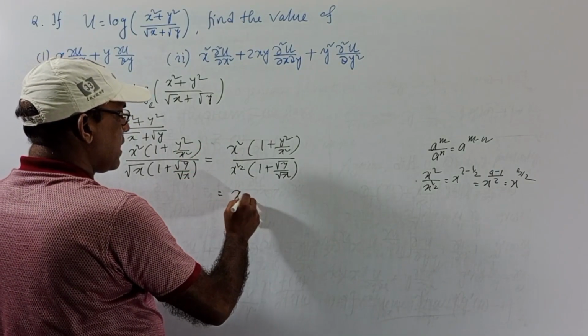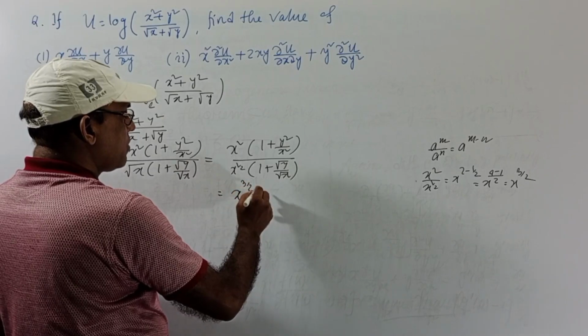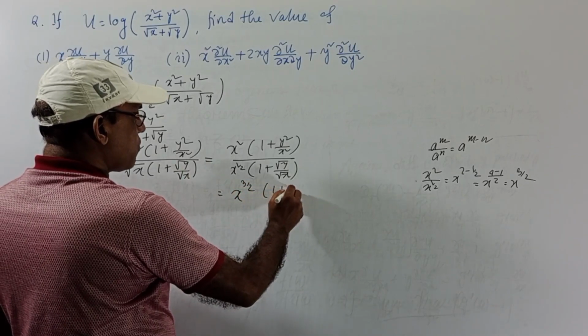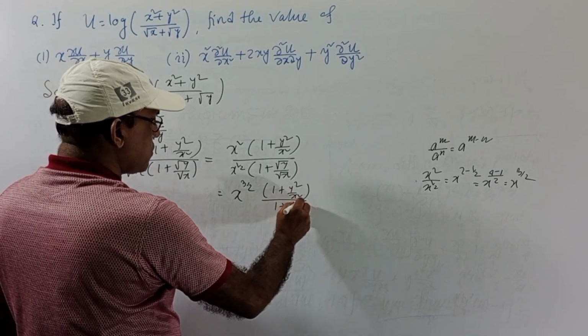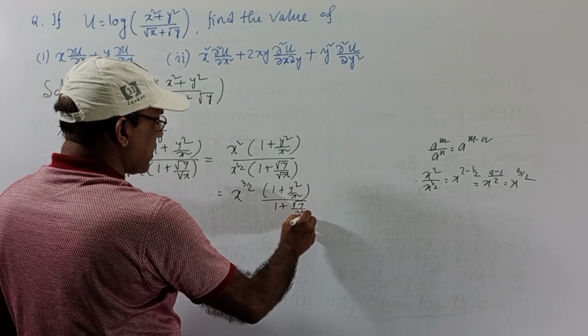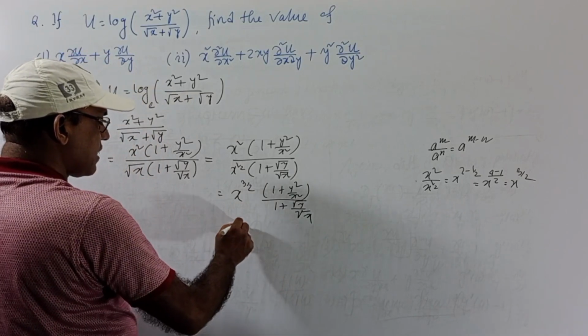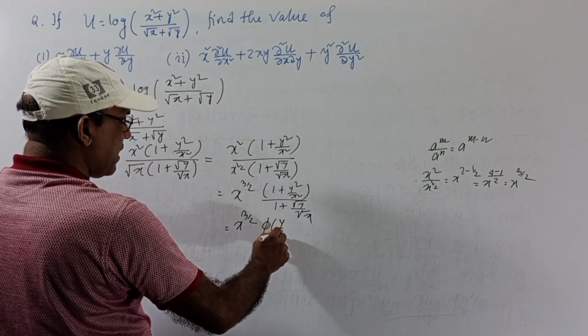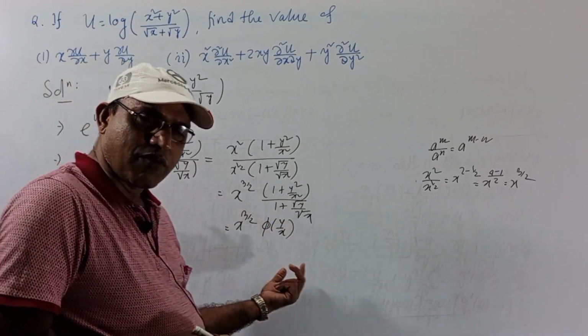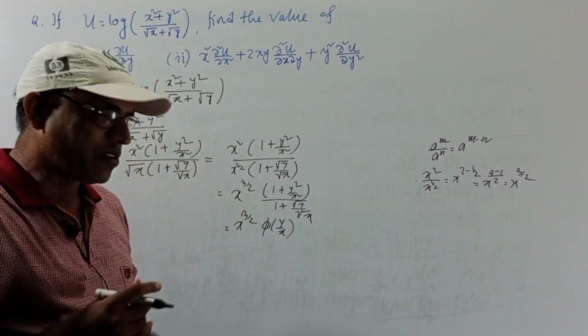This is x to the power 3 by 2, (1 plus y square by x square) by (1 plus root y by root x). We can write this as x to the power 3 by 2 phi of y by x. The definition of homogeneous function was given in the first video.